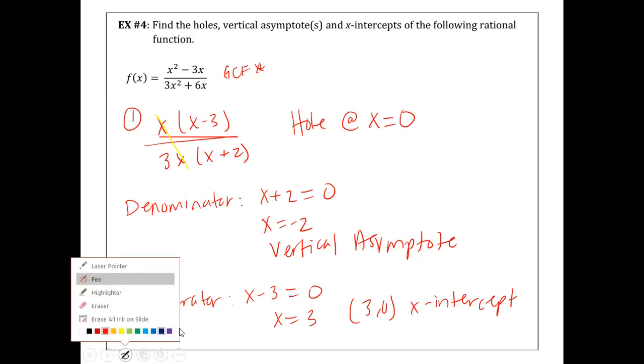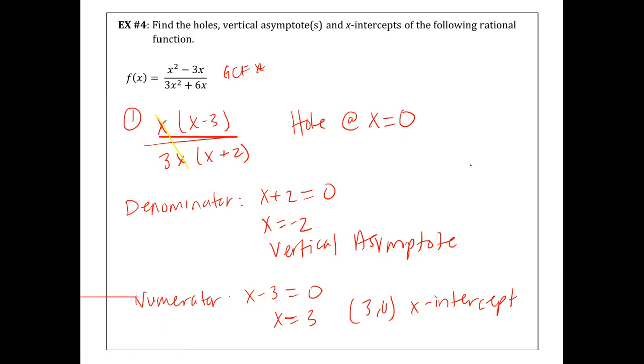To be very specific with the hole, I can find the y value of the hole by plugging it back into the simplified form that I'm left with. So my simplified form is x minus 3 divided by 3 times x plus 2.